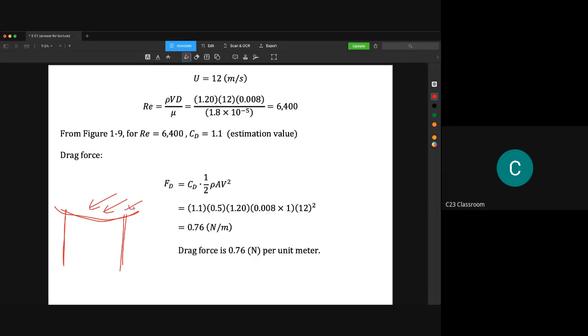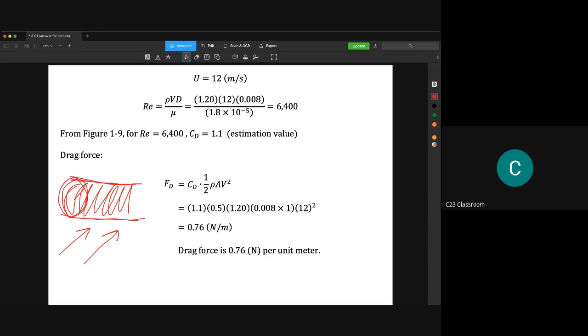So if we enlarge this image, we could draw something like a very large cylinder wire here. You just imagine it is cylinder in shape, and then we have a flow here.